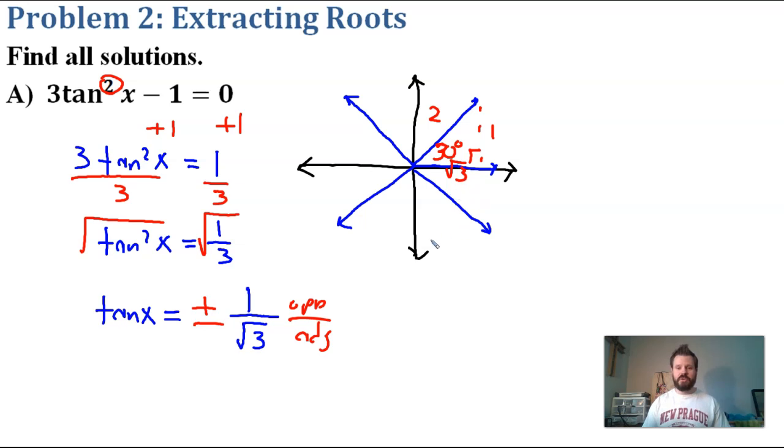Okay, I'm not going to redraw those reference triangles in all these spots. I'm just going to come up with what the answers are. So we could say that x is equal to 30 degrees. Okay, I'm also going to have 30 short of 180, in other words, 150 degrees.